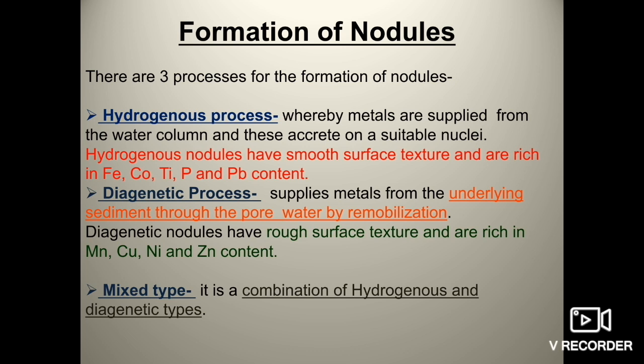Diagenetic nodules have a rough surface texture and are rich in manganese, copper, nickel and zinc content, whereas the hydrogenous ones were important in terms of iron, cobalt, titanium content. And mixed type means sometimes they occur as a combination of the hydrogenous as well as the diagenetic type.